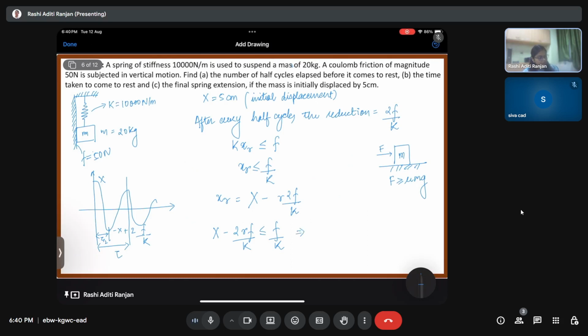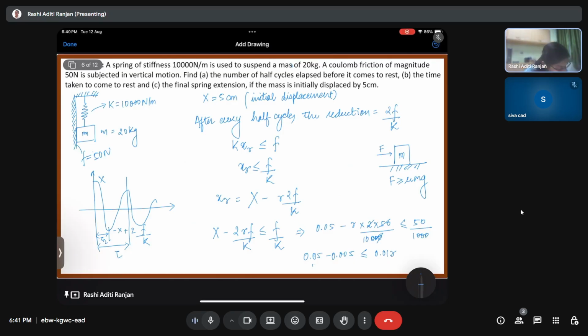We have the value of X, 0.05 minus r into 2 into 50 divided by K, which is 10,000, is less than or equal to 50 divided by K. Okay, so this will come out to be, take two zeros, so we have 0.05 minus 0.005 is less than or equal to 0.01 r.